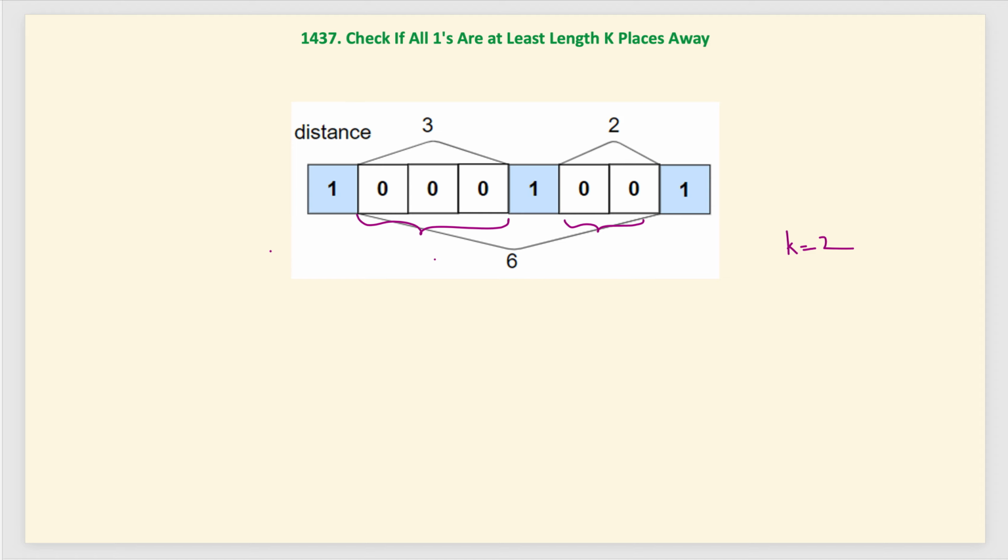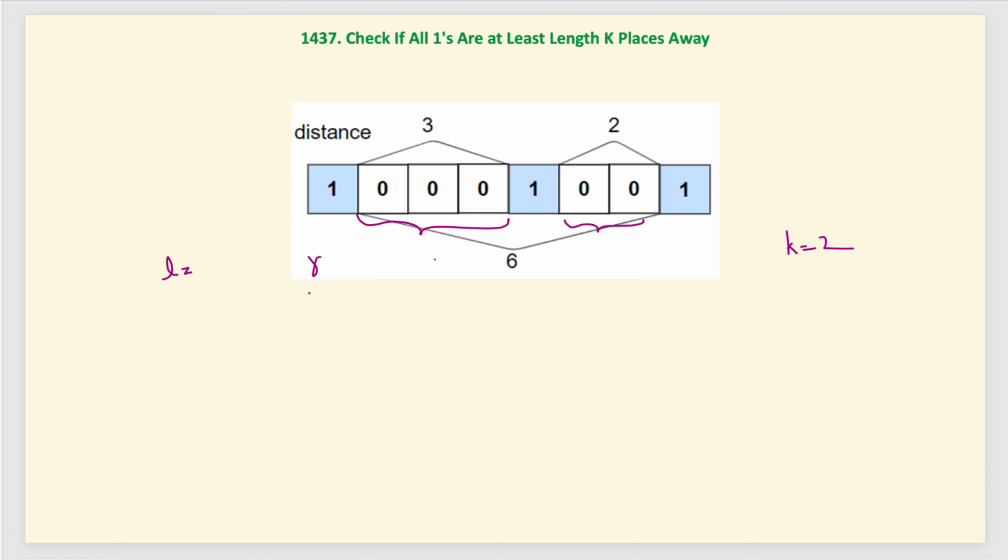So how will we solve it? One of the easiest solutions is to iterate over the nums array with a right pointer index, and also keep a left pointer index that represents the last one seen. Whenever we reach a new one, we compare the distance between them to see if it is greater than or equal to k or not.